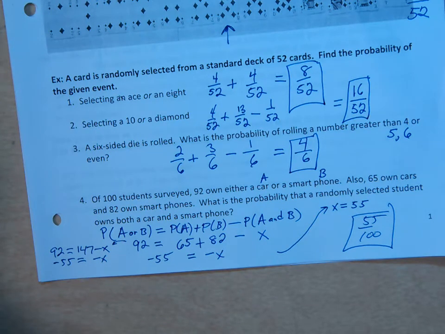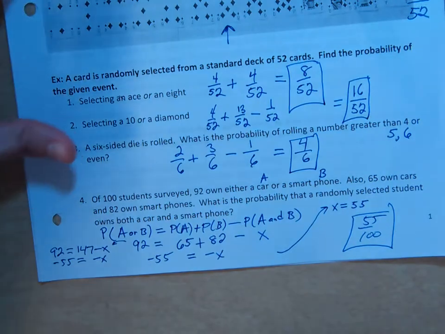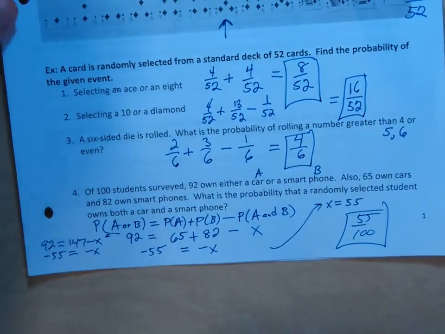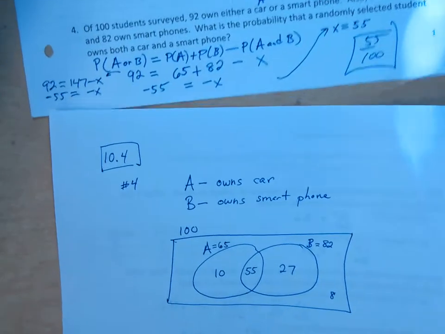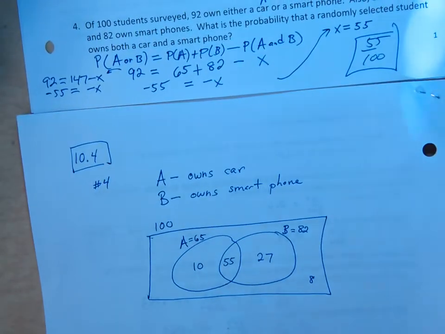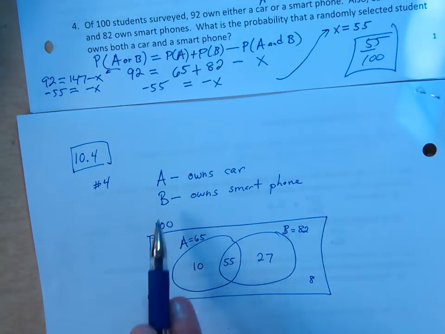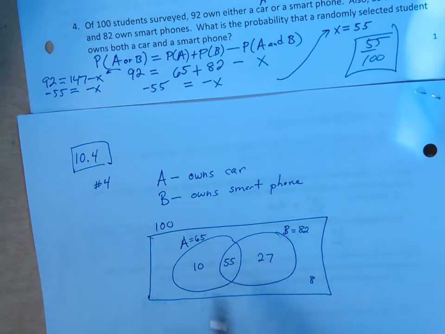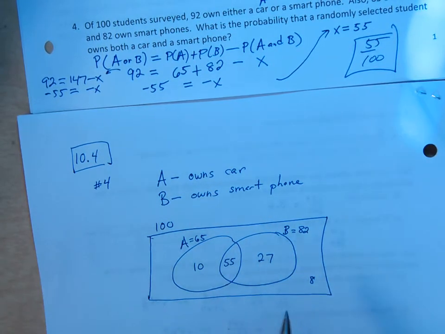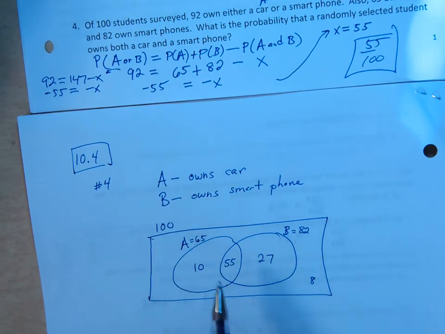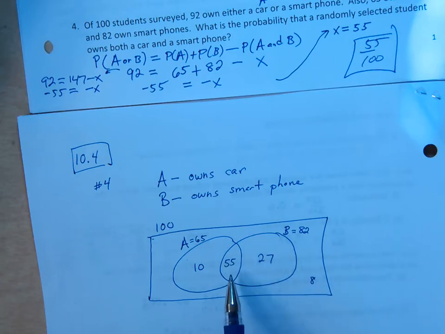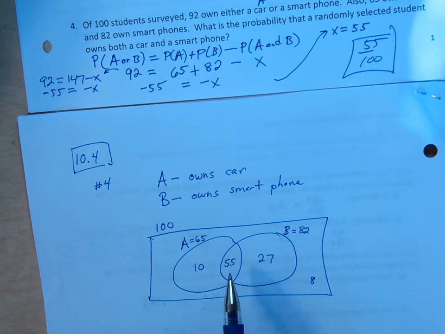I'm not sure. And then I just want to show you this, just so you get an idea of how this works. I want to show you the Venn diagram of the same situation. If A owns a car and B is a smartphone, this is how the numbers break out. There are 100 total students. 65 own a car, 82 own a smartphone, but the overlap that you just found is 55.